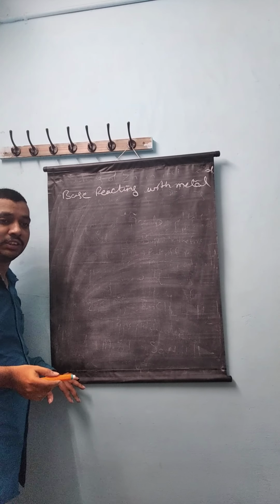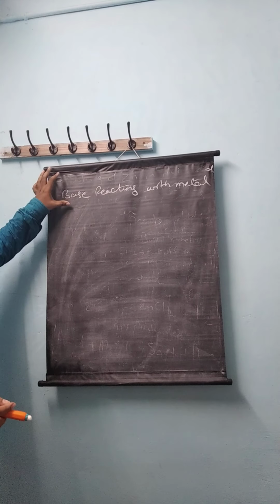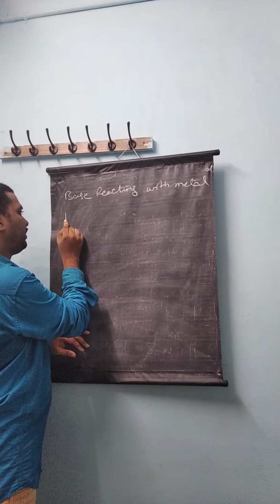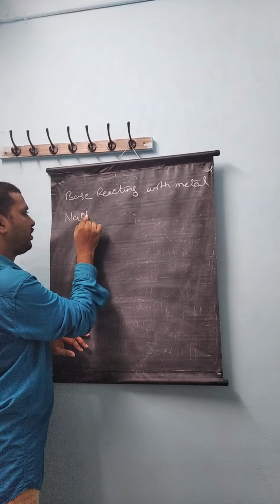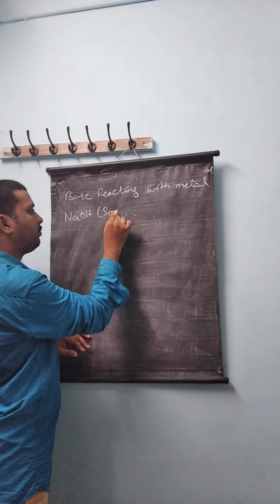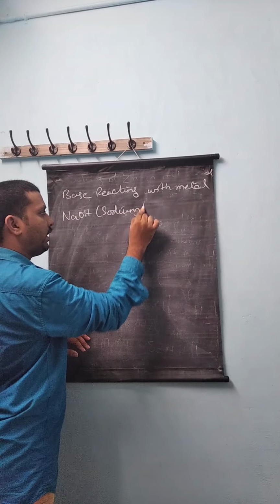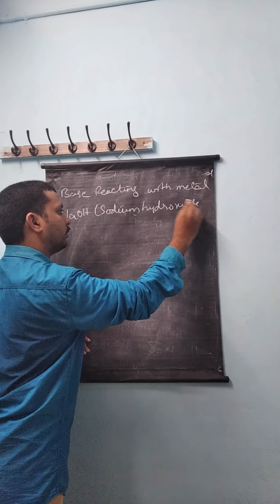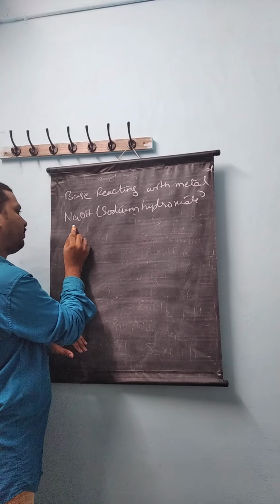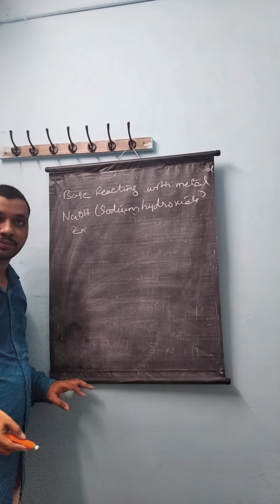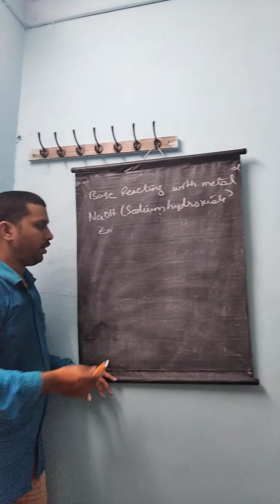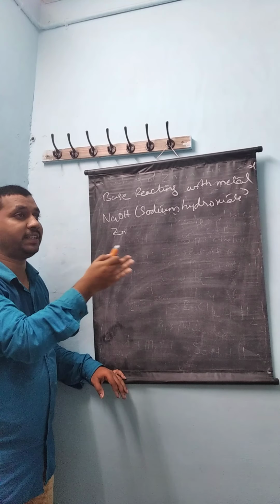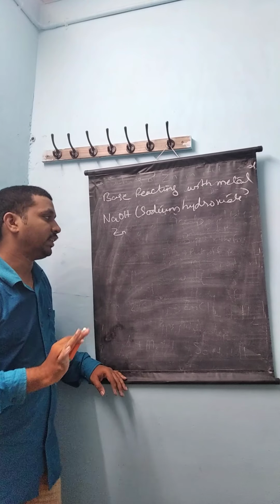Let us consider the base NaOH, sodium hydroxide, and the metal is the same, zinc. Now let's observe how this base reacts with the metal.